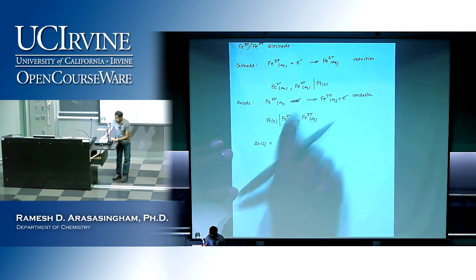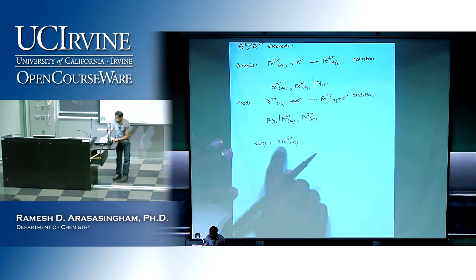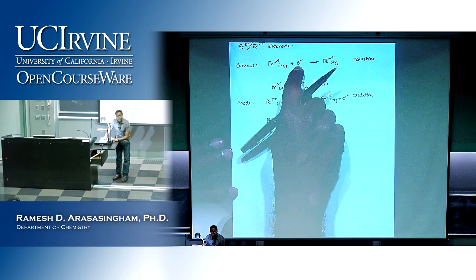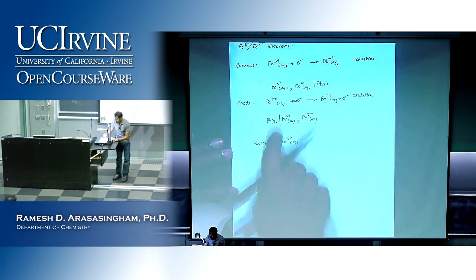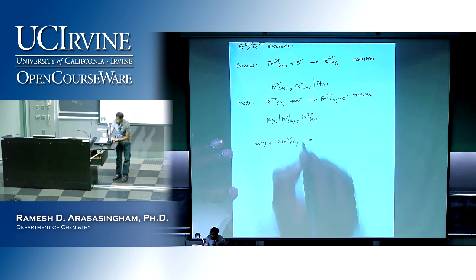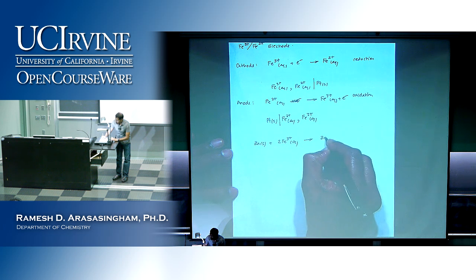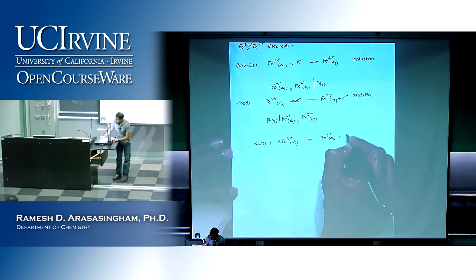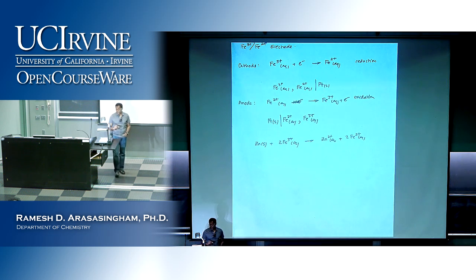All right, because if the ion is undergoing a reduction, each ion picks up only 1 electron. So you need twice as many. So to balance this equation, you have to have zinc 2 plus aqueous plus 2 Fe2 plus aqueous. Okay, so this would be the net reaction that we're looking at.